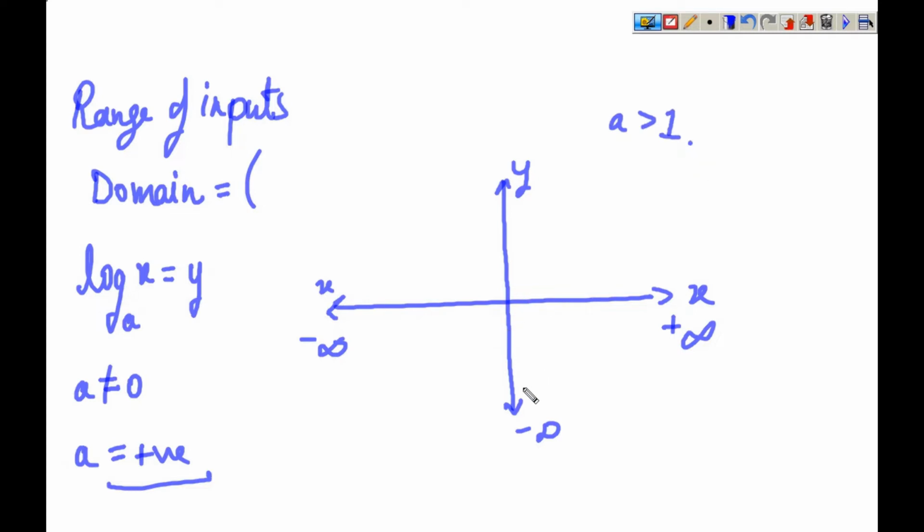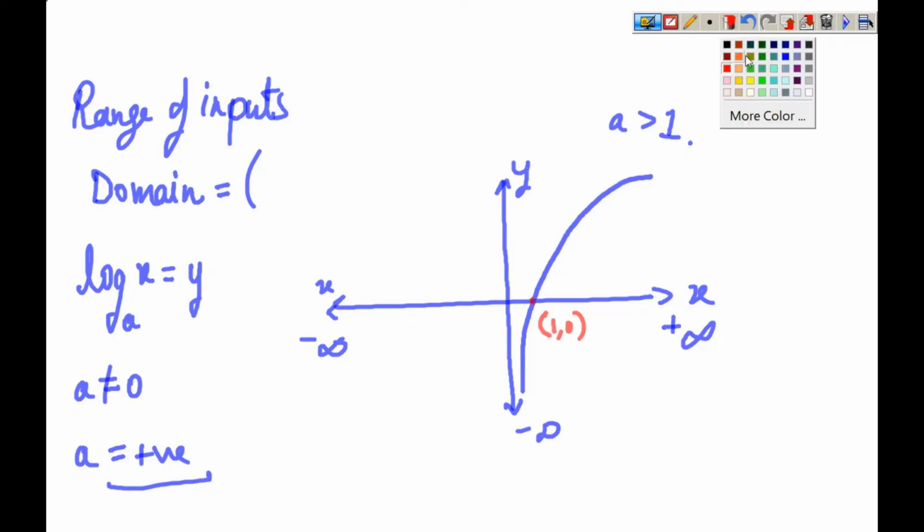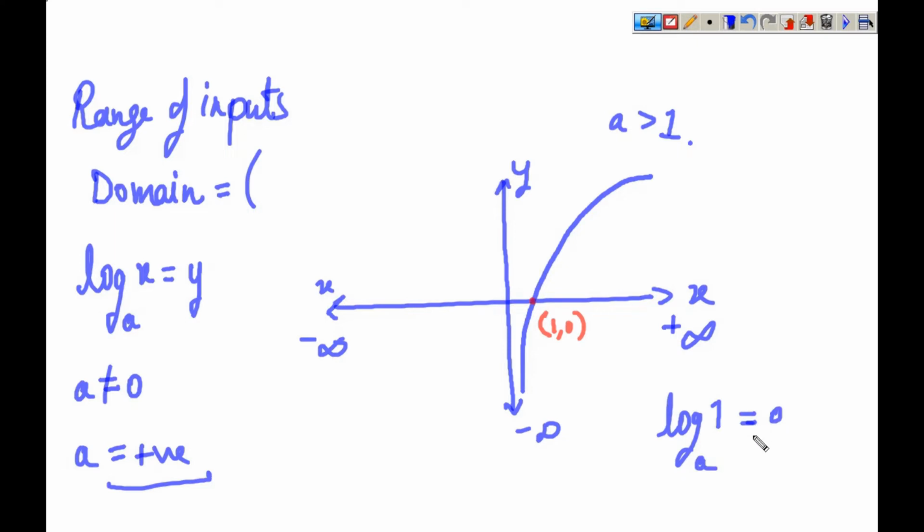The graph will look something like this. At this point here is (1, 0). So this says that log of 1 to the base a equals 0. So this is the point.